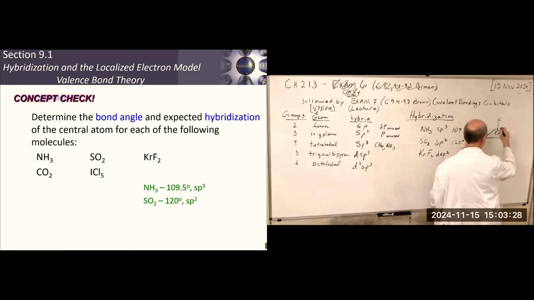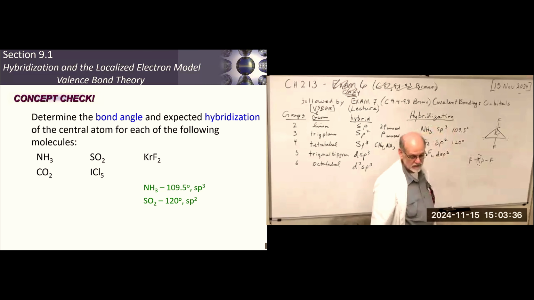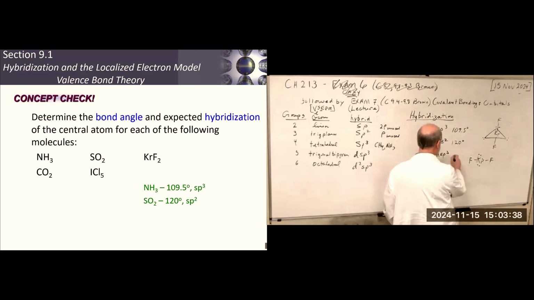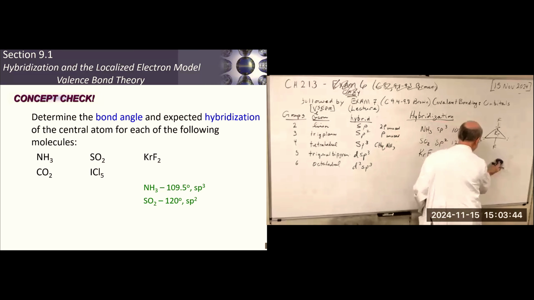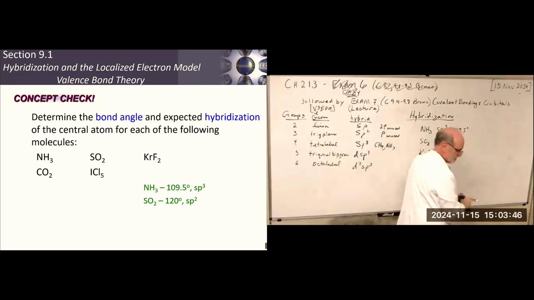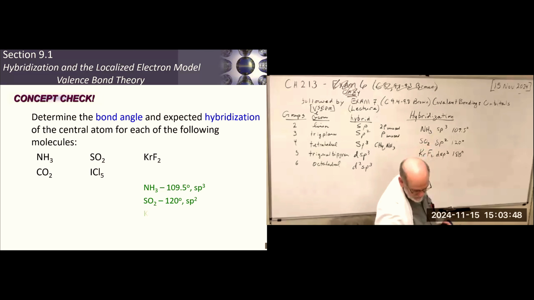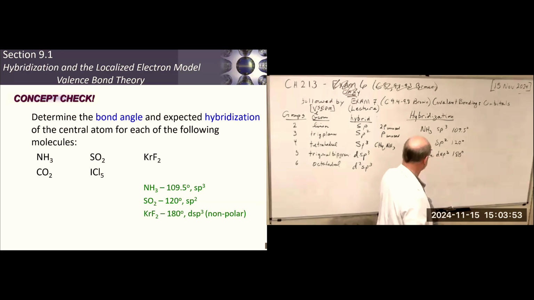They go up here, down here. So the lone pairs go on the triangle. That means the molecule is linear and the only bond angle is 180 degrees. All right. And it's nonpolar. Just threw that in for extra.